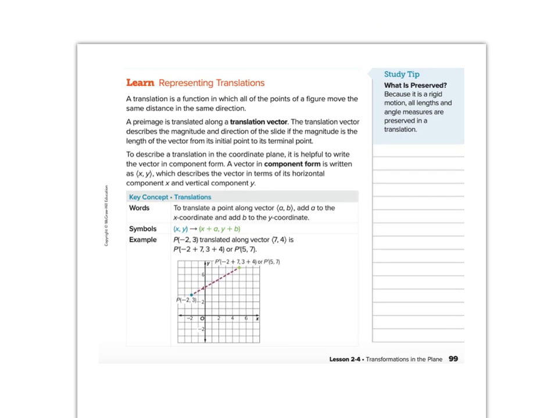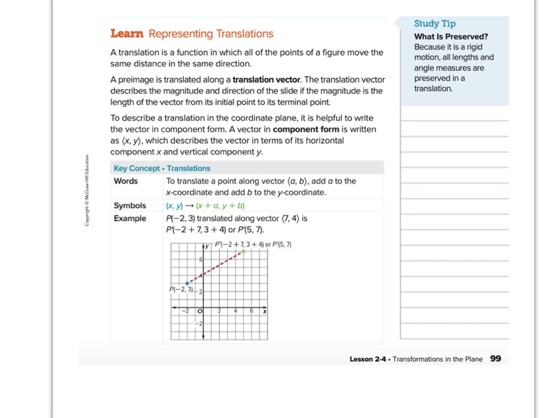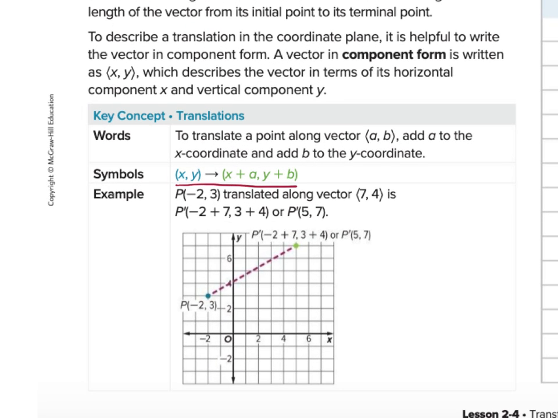Talking about another way to represent translations is vector. Just looking at vector is just a different way of writing it for me. If you look here, this is the mapping that we're used to, but in a vector transformation, we would just say, hey, we know the value of a and b, or how much my x value and my y value moved.